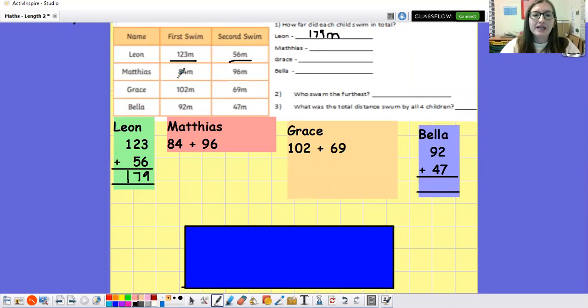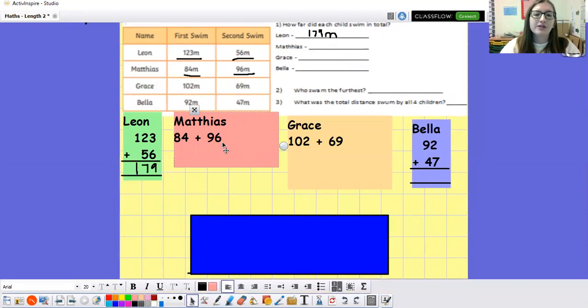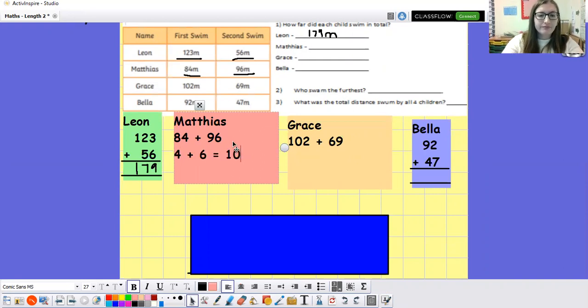Right, Matthias, his first swim was 84. His second swim was 96 metres. So we can add those together. And I'm going to use my number bonds knowledge and my partitioning. So I know that 4 add 6 equals 10. And then I'm going to add my 10s together. So 80 add 90.